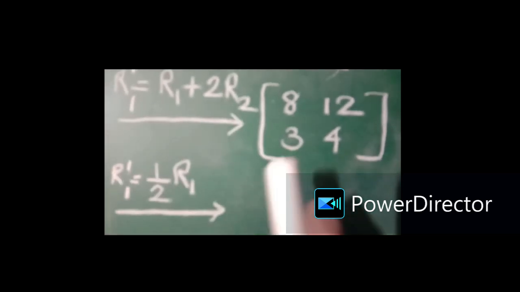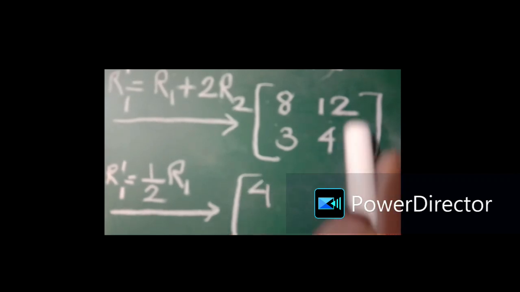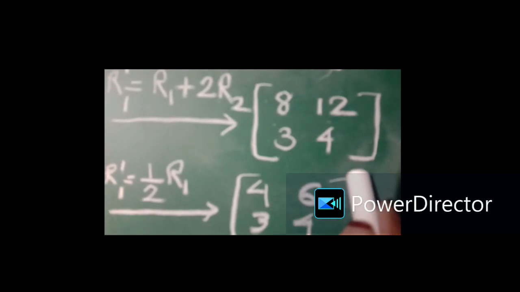And now since I've divided these elements by 2, this will give me what? 8 divided by 2, 4. 12 divided by 2, that is 6, and 3, 4. So in this way we have seen different types of row transformations.